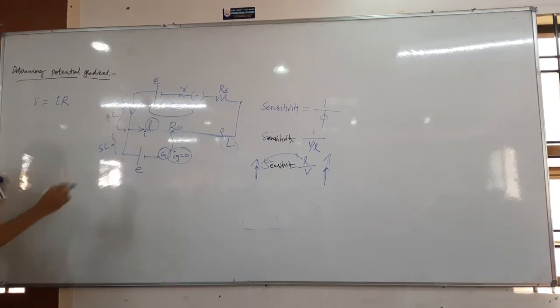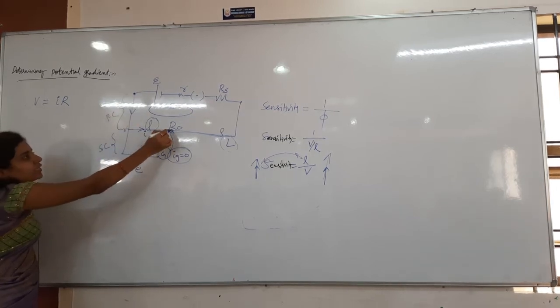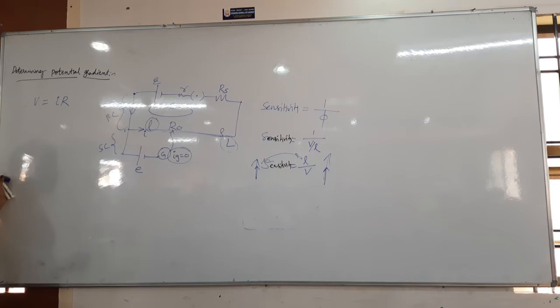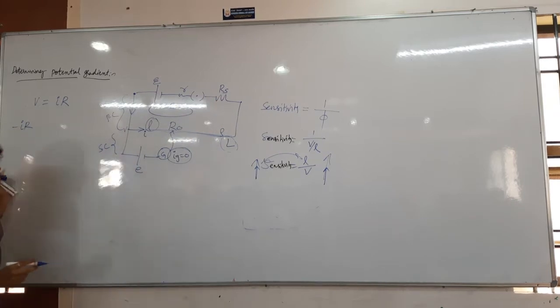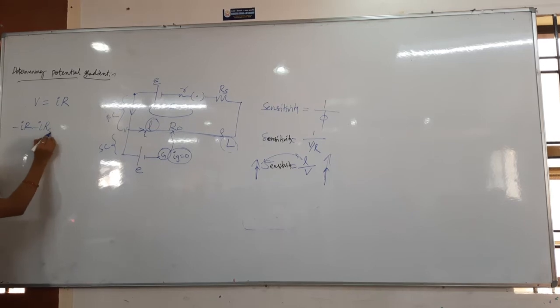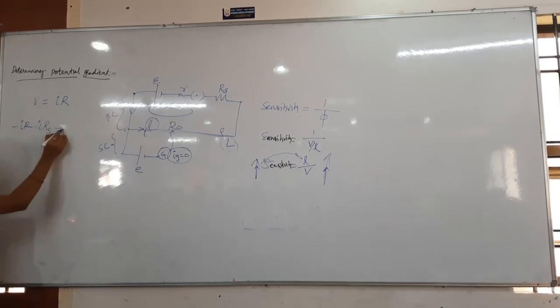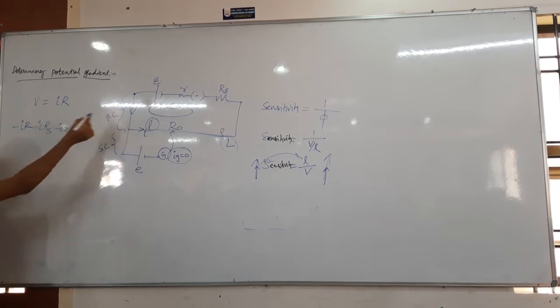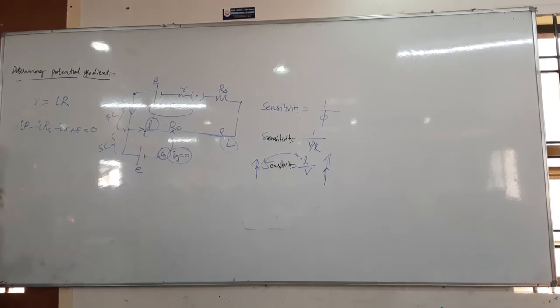So whenever I apply the KVL, let us consider I have started here. I got a resistance first, so minus I into R, and then I have gone here, I got the series resistance, the rheostat Rs. So that is minus I into Rs, and then the internal resistance, that is minus I into small r, then plus E equals 0, reaching the same point again.